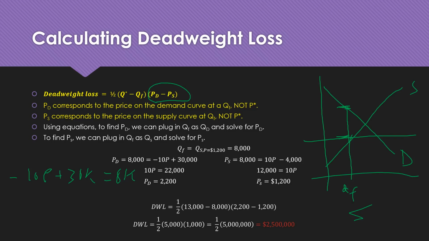So Q is going to be 8,000, and now we just have to solve for p. I've done the calculation already, and I've determined that PD is 2,200. Basically you take that 30K, subtract the 8K from it, you end up with 22,000, divide by 10, you get 2,200. So PD in this example is 2,200.